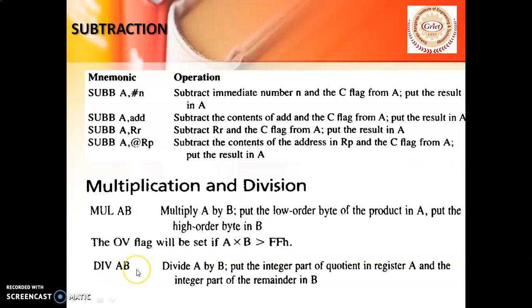This instruction divides the content of A by B and puts the integer part of the quotient in A, so you get two results, the quotient and the remainder. The quotient goes to register A and the remainder goes to register B. That is very important. Whenever B is equal to 0, the overflow flag is 1; whenever B is not equal to 0, the overflow flag is 0. And in division operation the carry is always equal to 0.